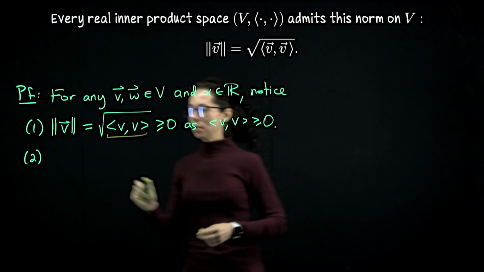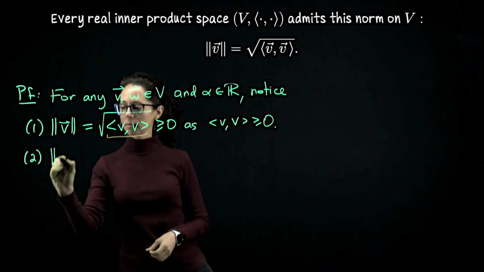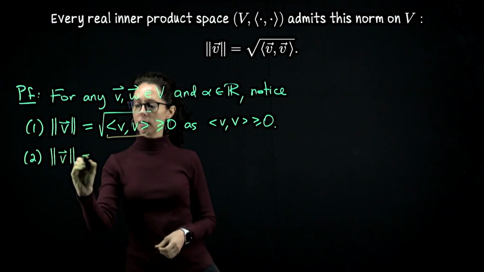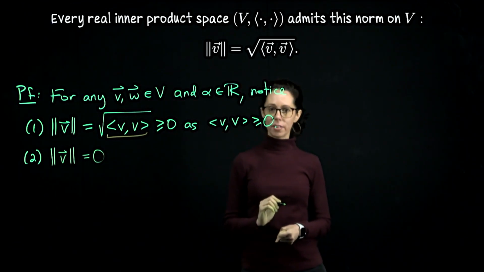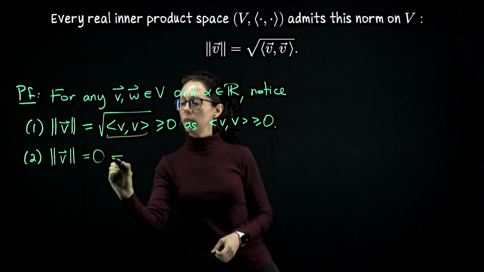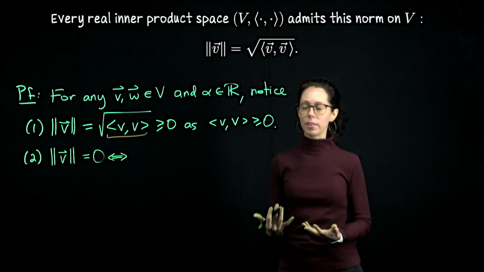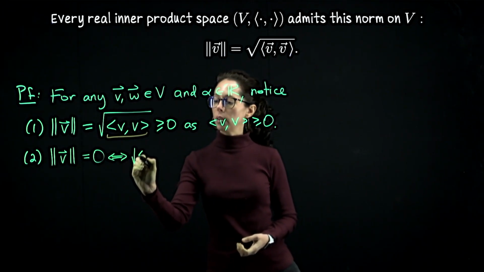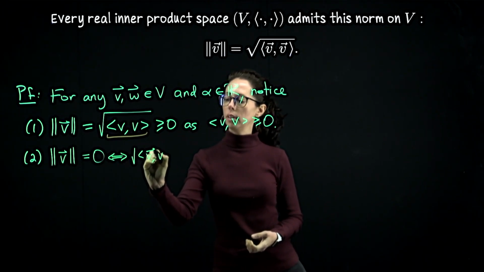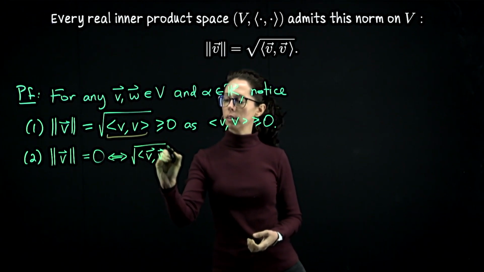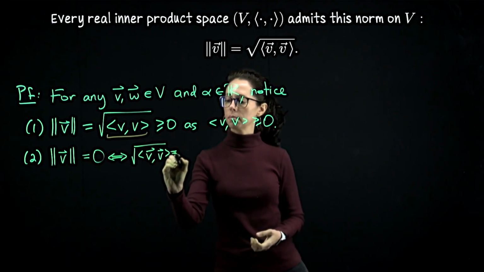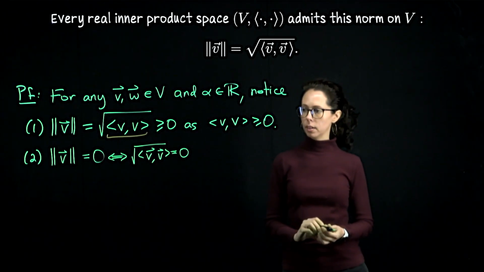So let me write: the norm of V is 0 if and only if... Now let's just say what the norm of V is. That was the square root of the inner product of V with itself. Okay.